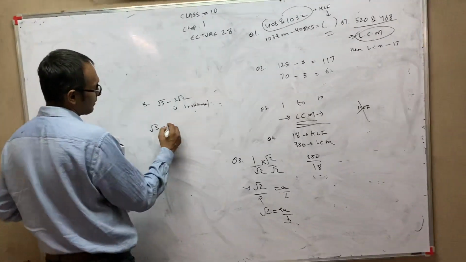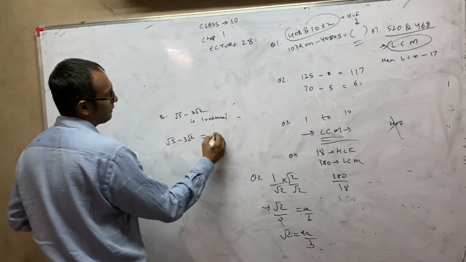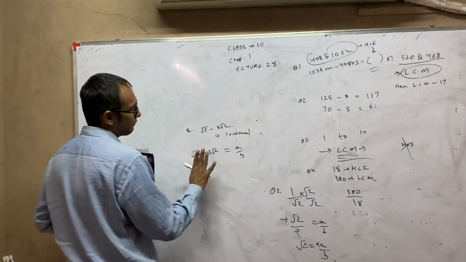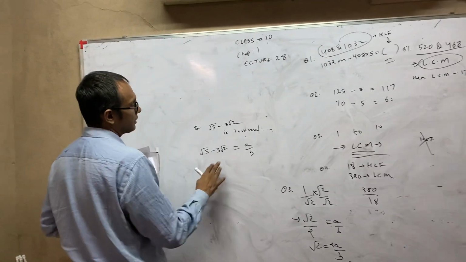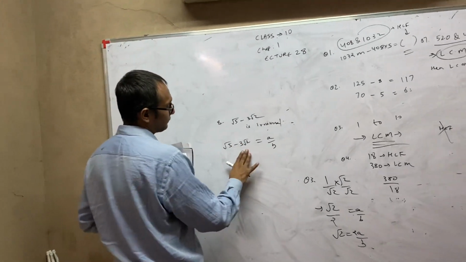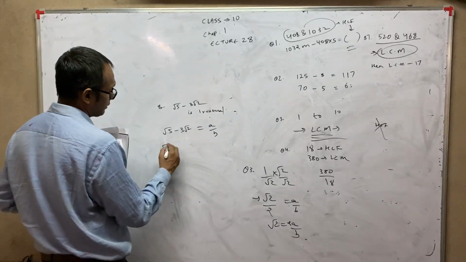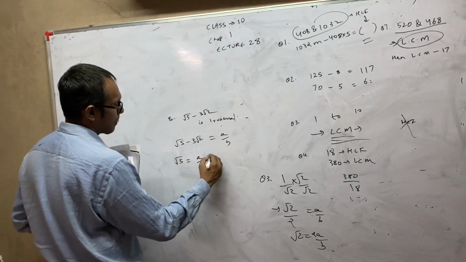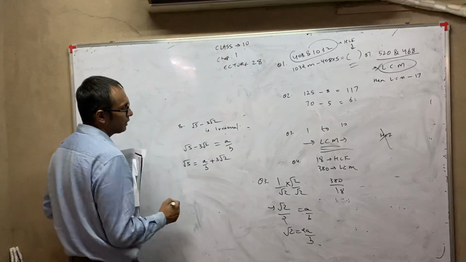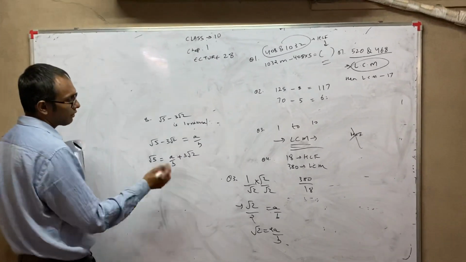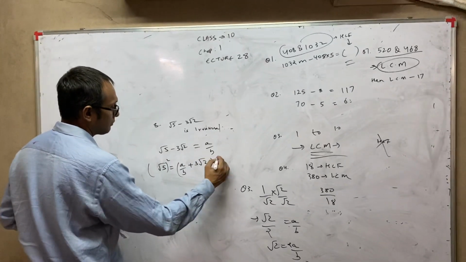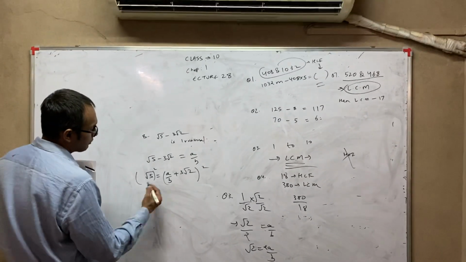the first step is of course the same one. Let it be rational and represented by a by b. Next step, you take one of the roots on the other side. Suppose I take this root on that side. Now you have to do squaring on both sides. Here root 5 squared is 5.